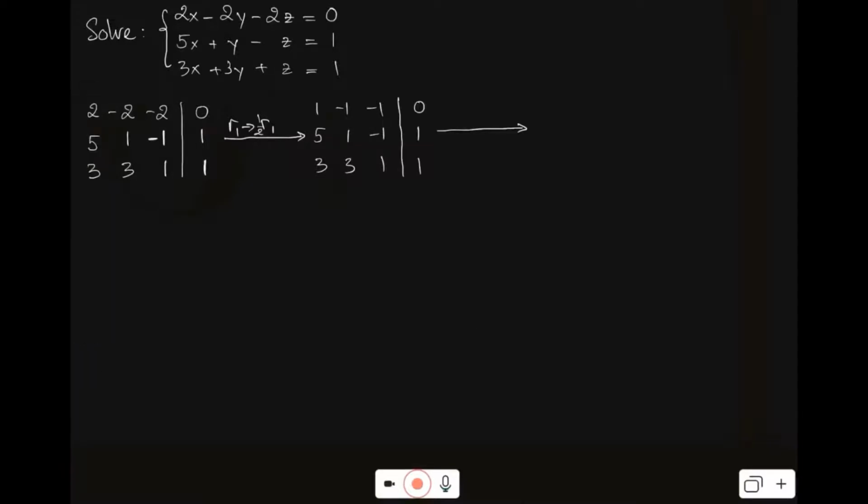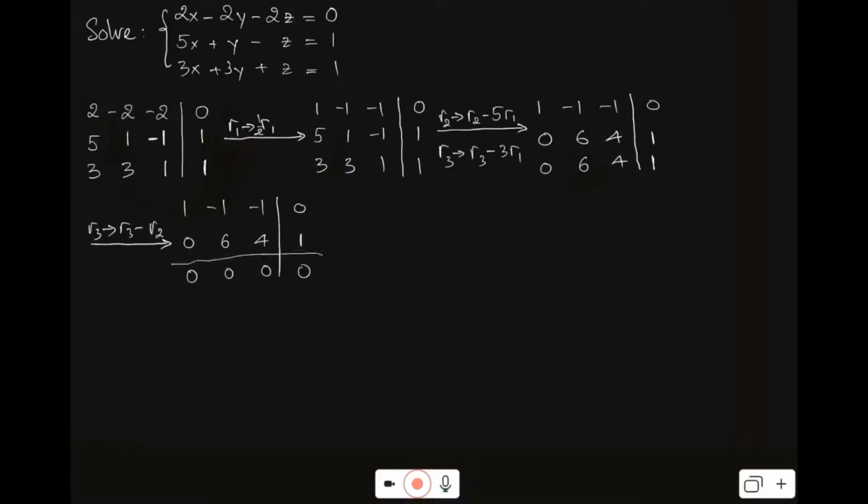All right, so row 2 will change into row 2 minus 5 row 1. And then below you are going to have, all right, so now we are going to make changes on row 3. It will become row 3 minus row 2.